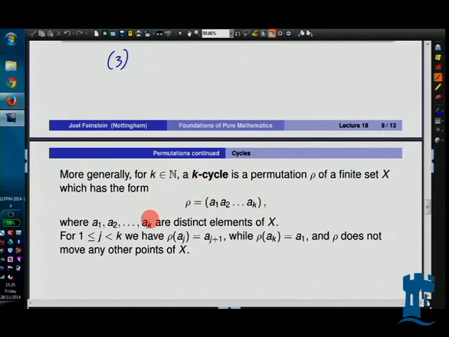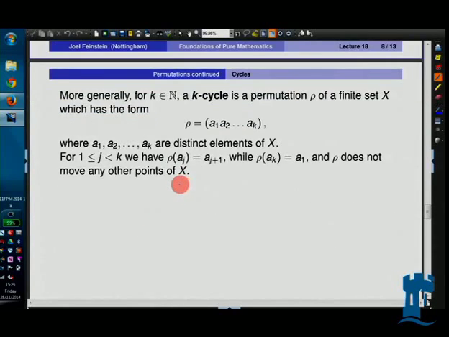You could think of them, if you really want, as lying on a circle. So you've got A1 sent round to A2, sent round to A3, and there's an AK that gets sent to A1, and AK minus 1, if there is one, is sent to AK, and so on.